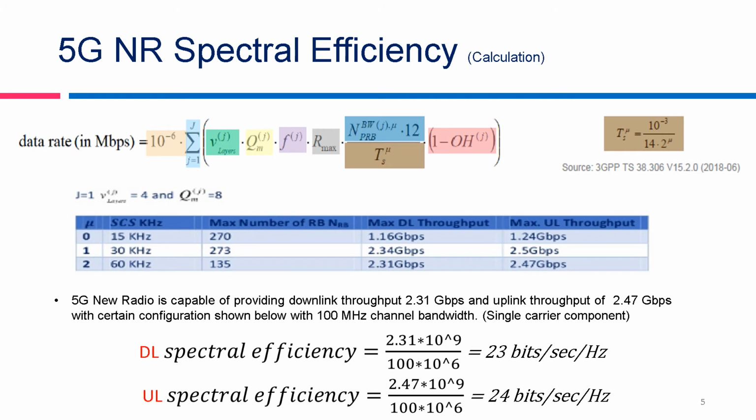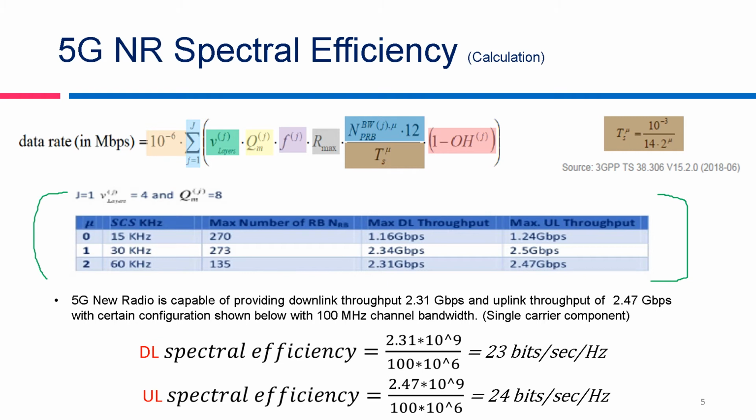So after calculating 4G spectral efficiency, we can now calculate 5G new radio spectral efficiency. I have kept a table, and in this table we can see some of the results for maximum throughput achievable with the subcarrier spacing of 15 kilohertz, 30 kilohertz, 60 kilohertz.